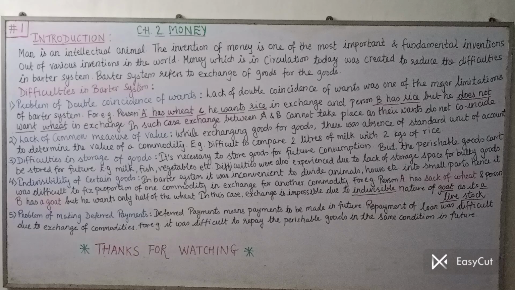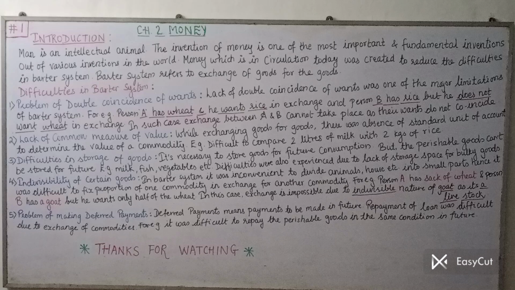It is a living animal, so it was not possible to divide it and exchange. Hence, due to this indivisible nature of certain heavy and bulky goods, it was difficult to exchange goods against goods or animals. So these were the difficulties of the barter system. Too many difficulties in fact.